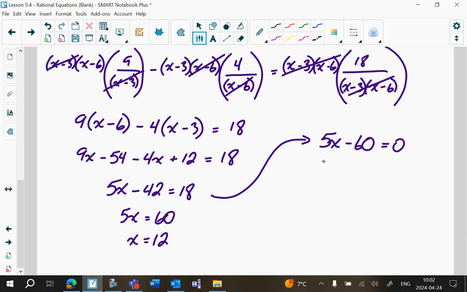Well, I can factor this by doing GCF. What value of x makes this 0? 12. It's possible, but I would probably avoid it if I were you. If you're comfortable with it, go with it. Like I said, it's still correct.